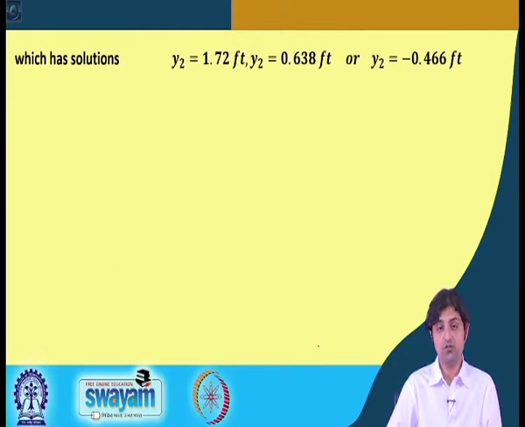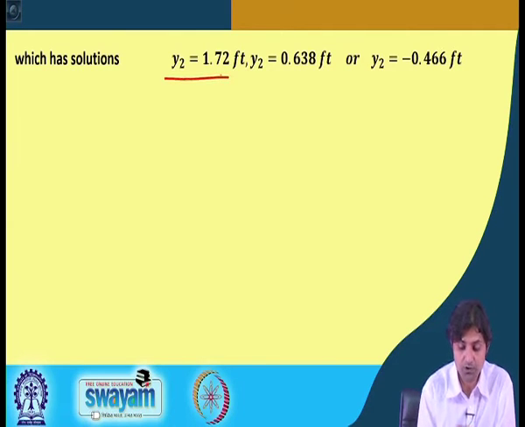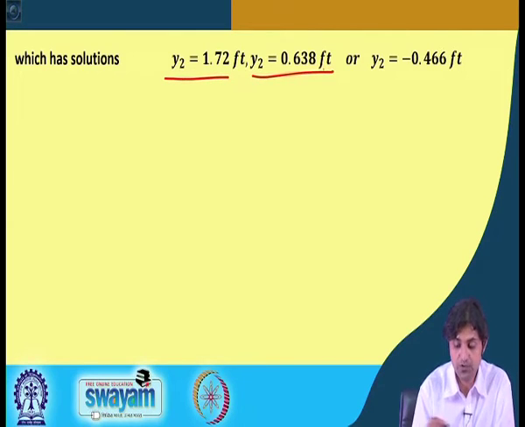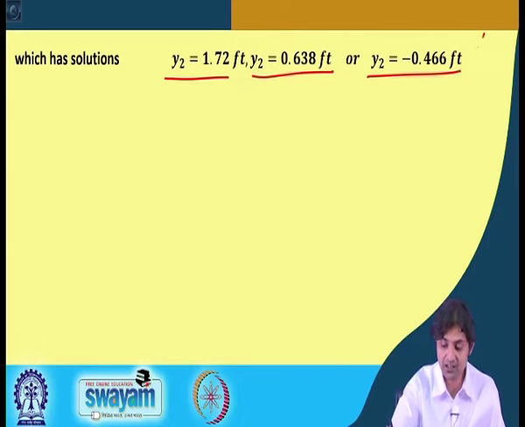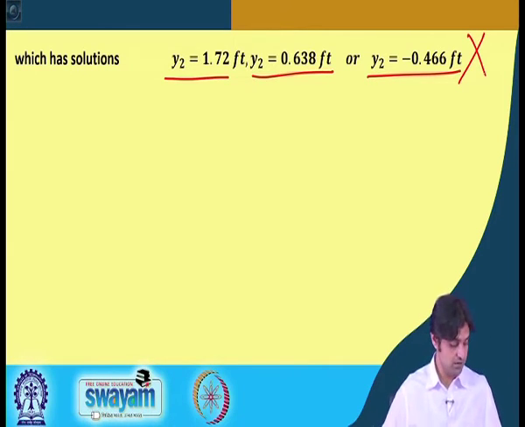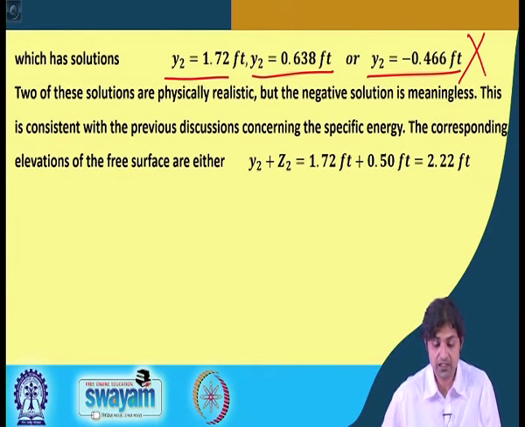If we solve this, we will get 3 solutions: y2 is equal to 1.72 feet, another value is 0.6838 feet, and the third is a negative value. Of course, we are going to neglect the negative value. So, 2 of these solutions are physically realistic, but the negative solution is meaningless. This is consistent with our previous discussion concerning the specific energy, where we also neglected the negative value.